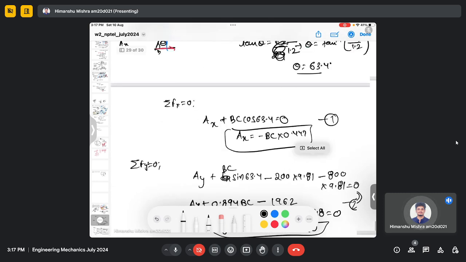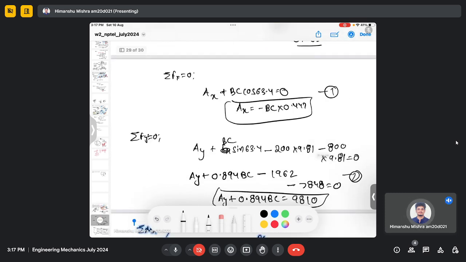And if I substitute in equations 1 and 2, I can directly get AX.